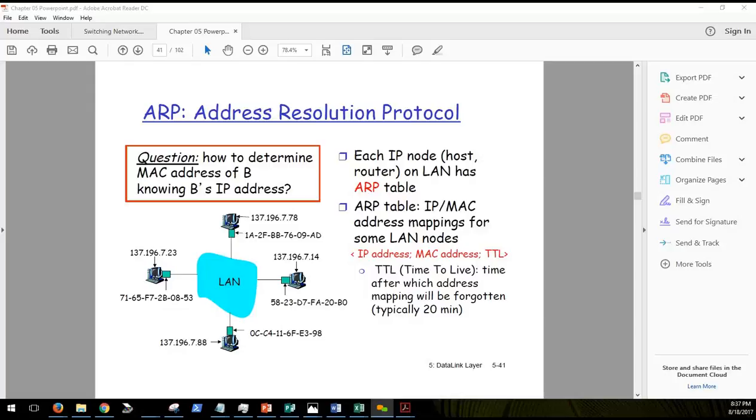What's the purpose of ARP? I want you to take a look at this slide that we have on the screen right now, and tell me, what does ARP do?